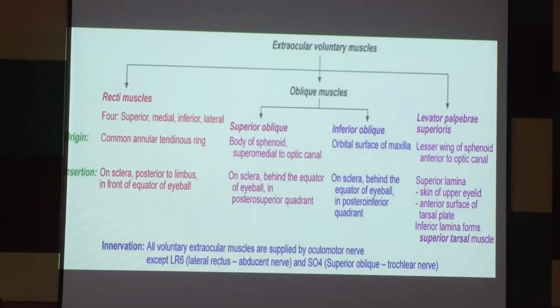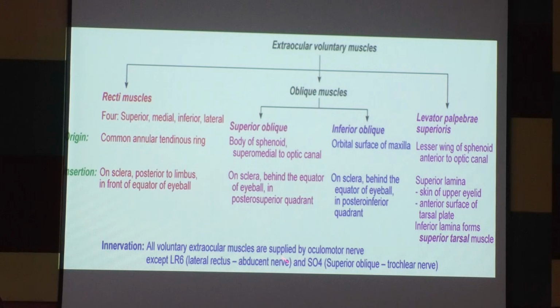So you have to write down for the long question all these things: origin and insertion of all the recti, oblique muscles and levator palpebrae superioris, and their nerve supply is very important. All the voluntary extraocular muscles, meaning those 7 muscles, 4 recti, 2 oblique and levator palpebrae superioris, are supplied by the oculomotor nerve, the third cranial nerve, except LR6.